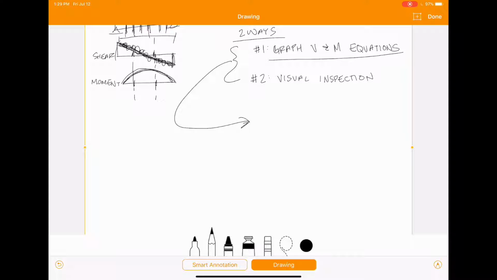However, both of these ways start the exact same way. As per all of our problems in statics, our first step is always going to be to draw your free body diagram. And then you're going to write your equations of equilibrium and solve for your reactions.